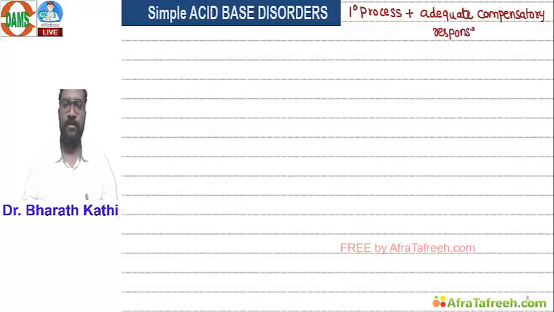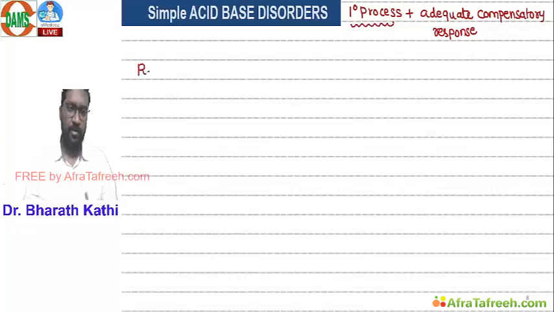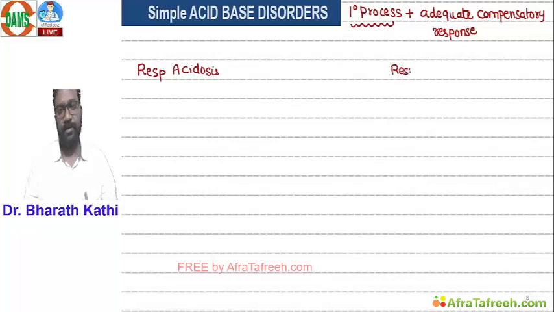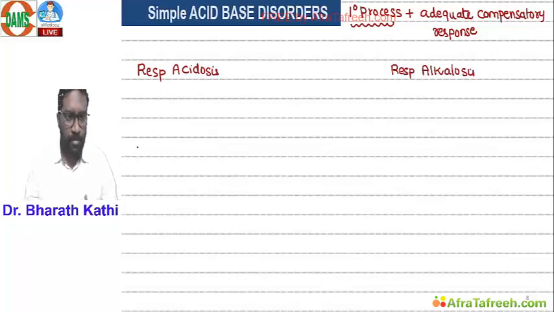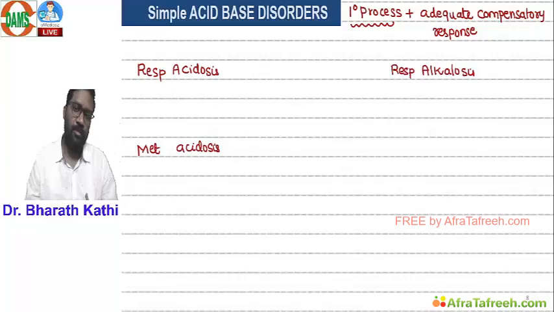First of all, let us try to understand how to identify the primary process. Write down all the primary process that can be possible. Respiratory acidosis, respiratory alkalosis, metabolic acidosis, metabolic alkalosis.